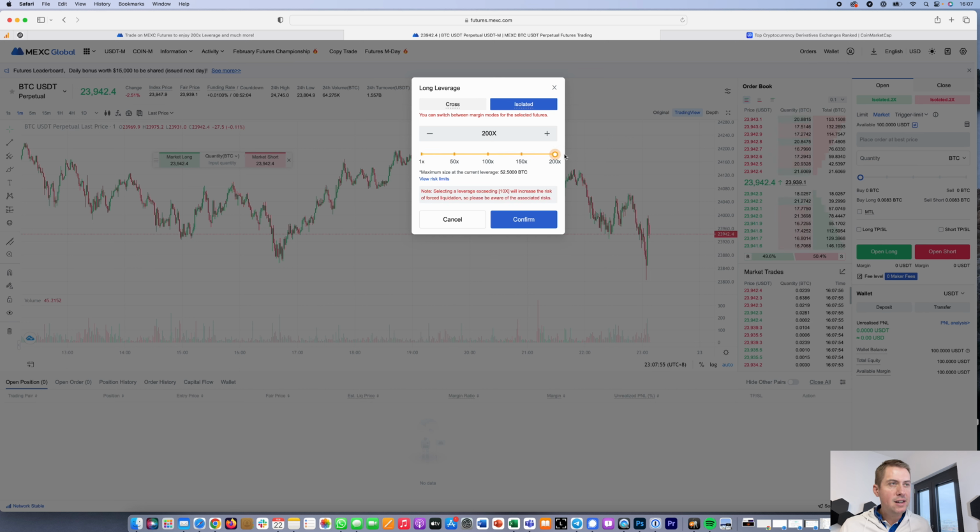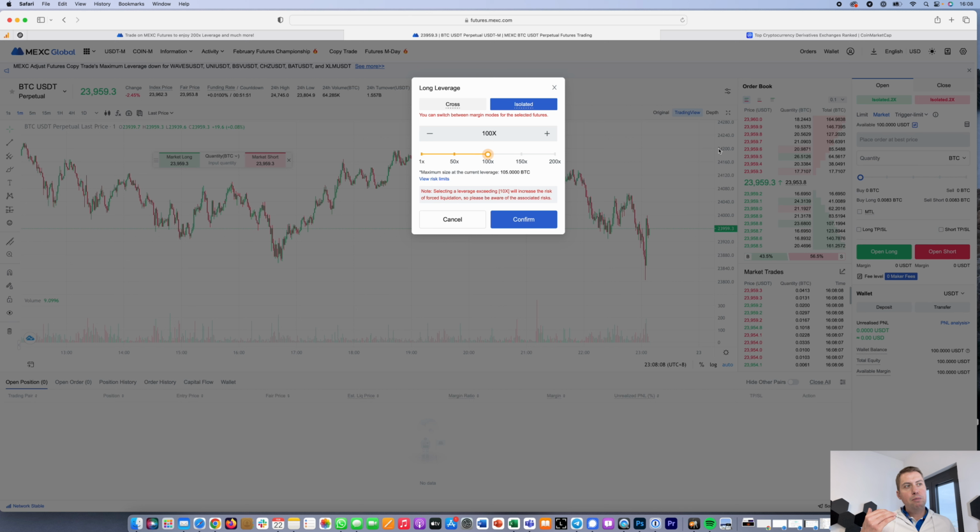However, I would recommend not using a higher leverage than 3x. Because what happens is, let's assume you are doing 100x leverage and you are going Bitcoin long. That would mean you are losing all your money if the price just moves 1% against you. So if you're long and the price drops by 1%, you would lose all your money in that position.